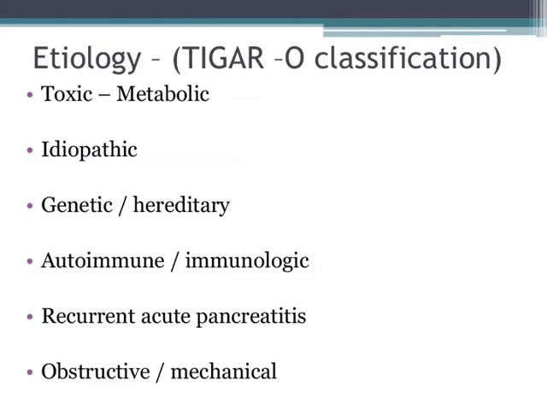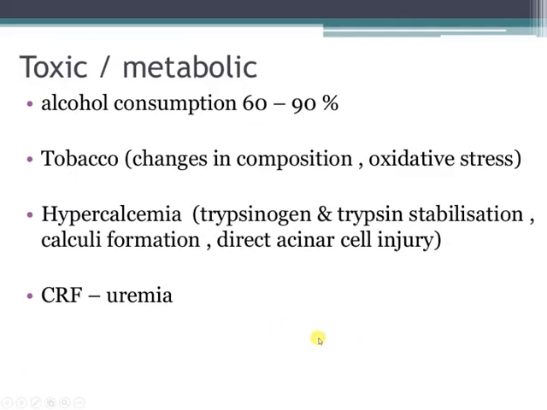There are toxic, idiopathic, genetic, autoimmune, recurrent acute pancreatitis, and obstructive causes. Let's talk about them. First, toxic. Alcohol consumption from 16 to 90%, tobacco, hypercalcemia, and uremia. These are the reasons.